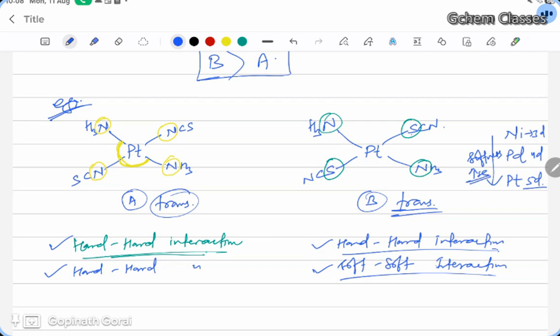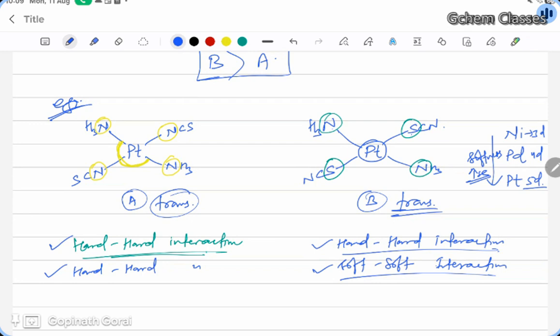As we know from the HSAB principle, if the size is getting increased, then the softness will get increased, right? So platinum is on the softer side. Now you see here softer side, here hard, here hard.